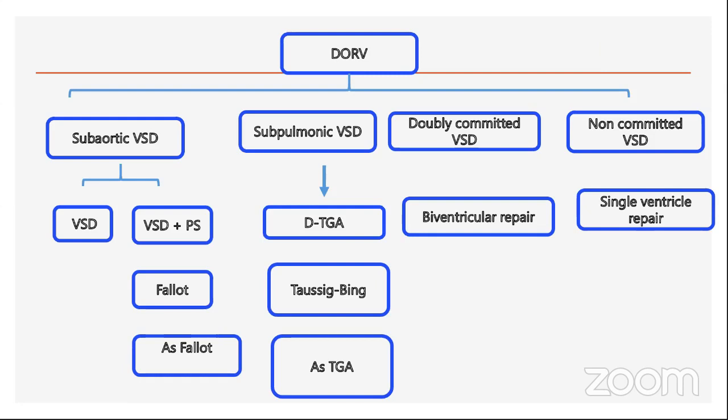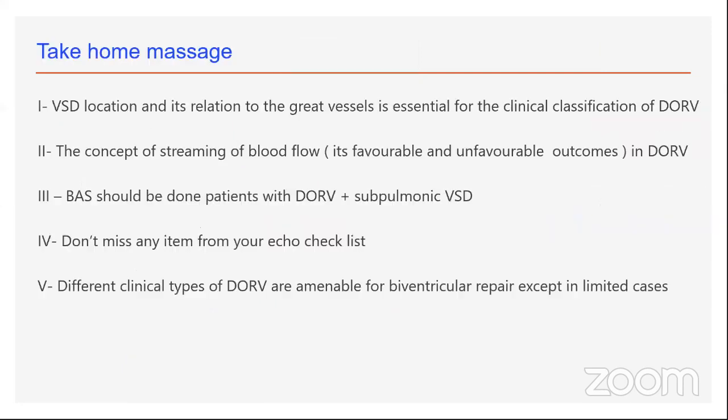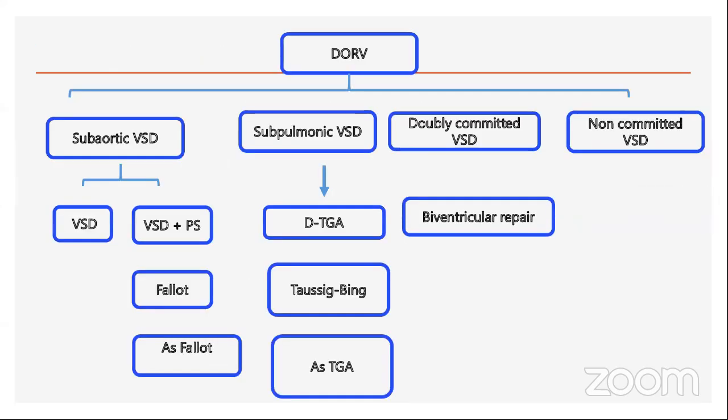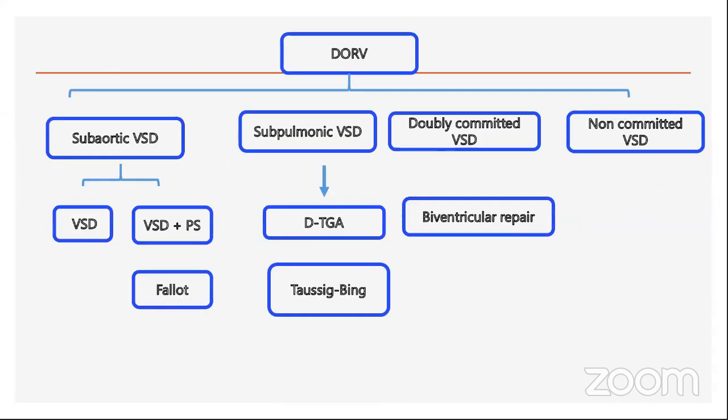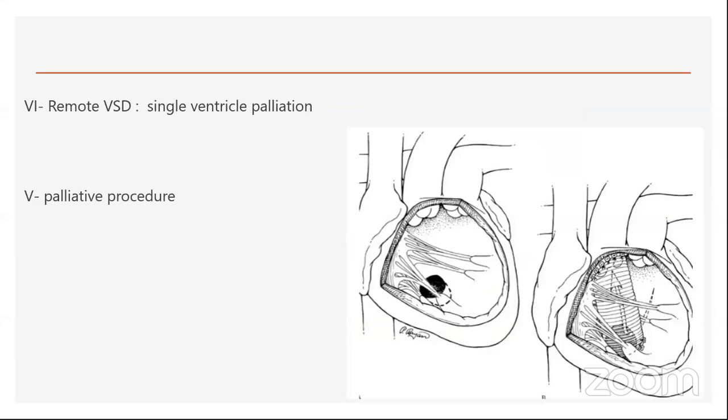Sorry, Amira, we just had a comment that my voice was lost while talking about the remote VSD. I'll just give a very brief summary. If the VSD is remote, connecting the remote VSD to the nearest great vessel will markedly affect the physiology. I mean, obliterating the RV inflow, or narrowing the RV cavity, or causing heart block, or cutting some tricuspid cords, or causing LVOT obstruction, then we should not do that.